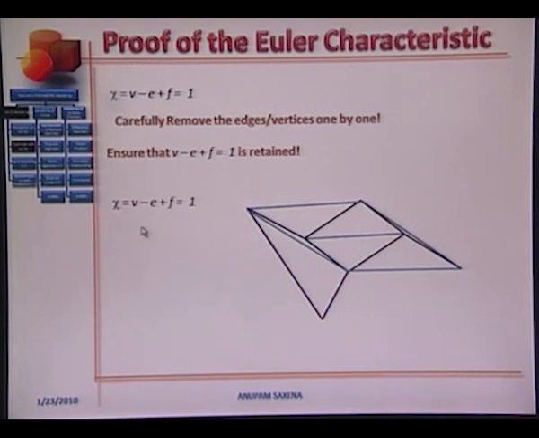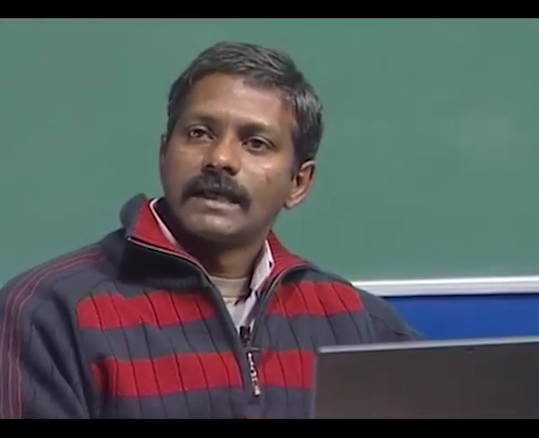Once again, chi equals the number of vertices minus the number of edges plus the number of faces equals 1. I remove this triangle now. Again, the relation is unchanged. I keep on removing the edges and the triangles such that the relation is retained.